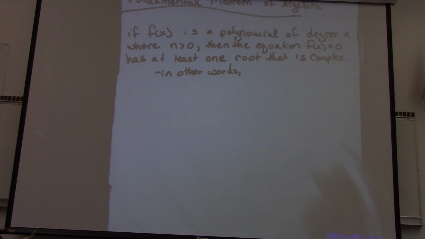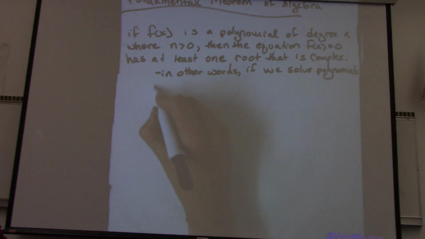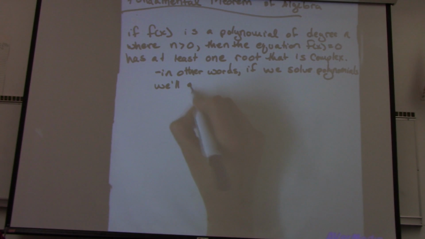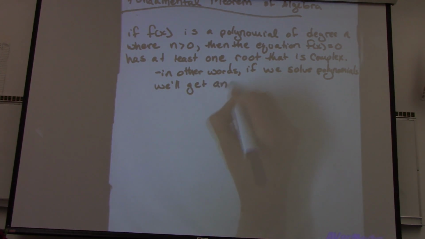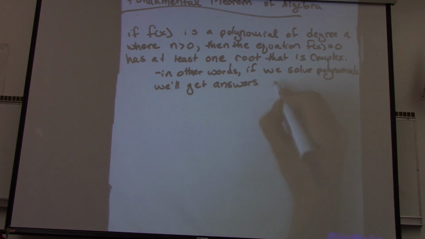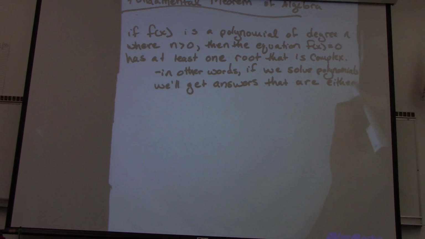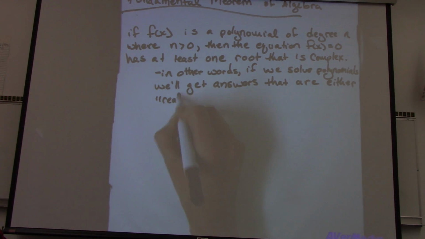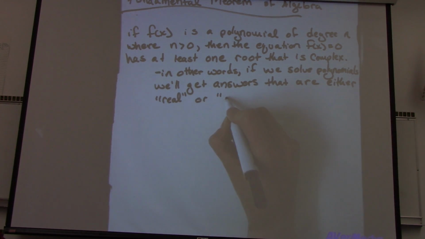All of this theorem is stating is that if we solve polynomials, we'll get answers that are either real or imaginary.